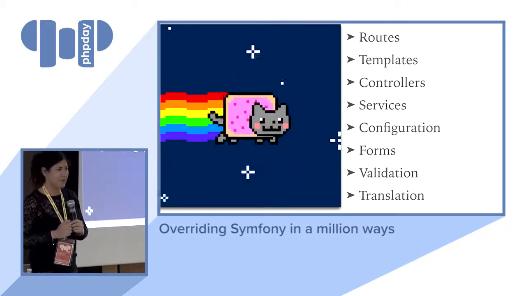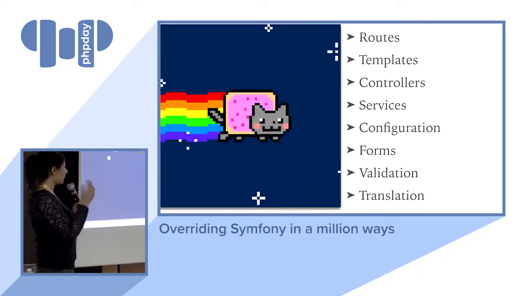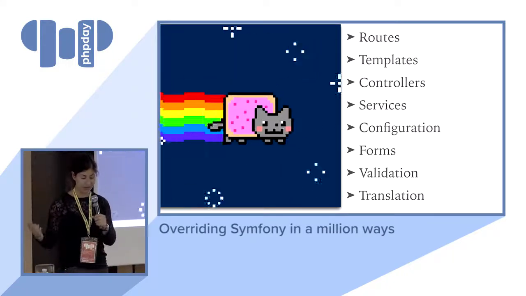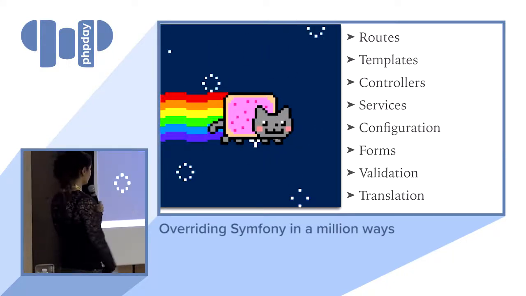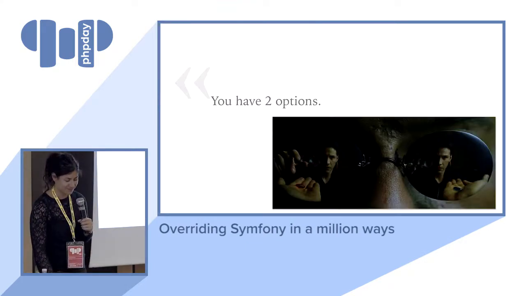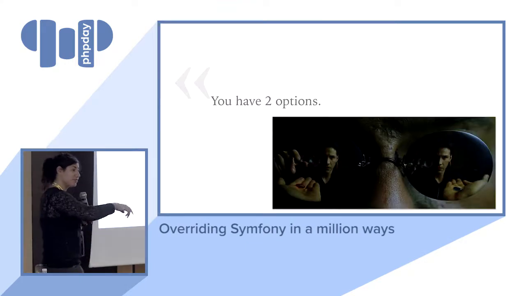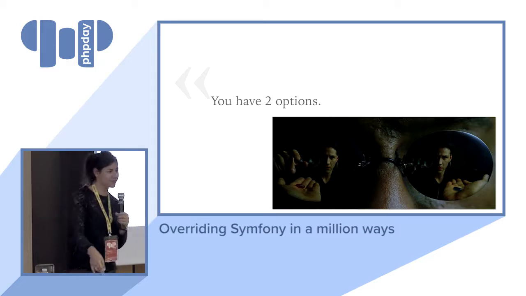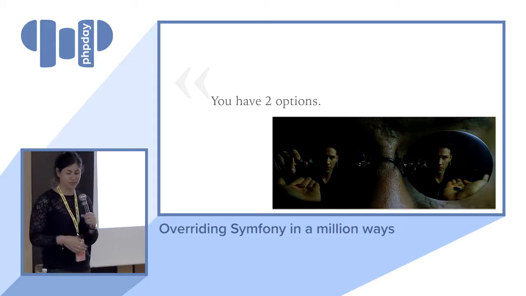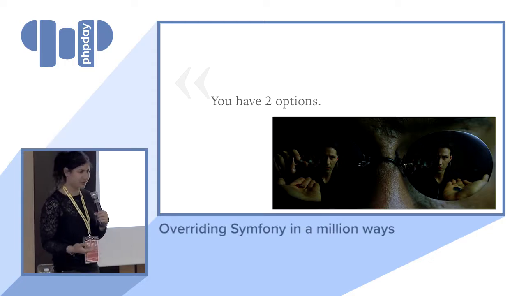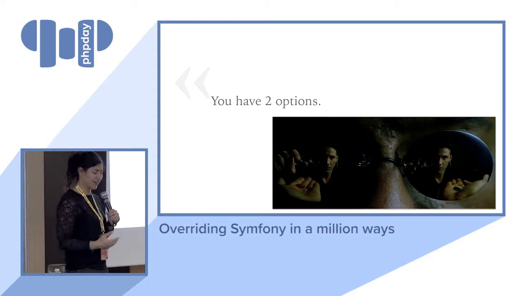All right. Okay, let's go through the bundles stuff you have to override, and I think it will be useful, hopefully. Okay, let's begin with the routes. You have two options, and most of the time I will show you all the options because I'm not here to say do that and do this. Every time I do a conference or a course, I'm not giving the right way to do it.